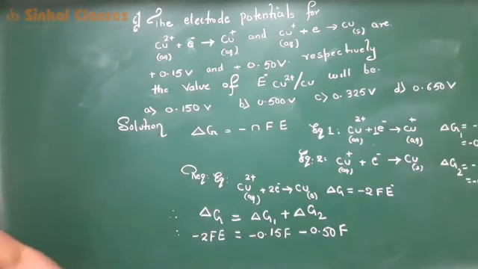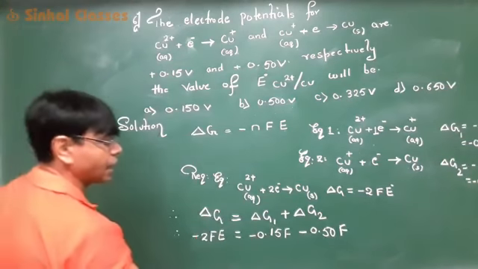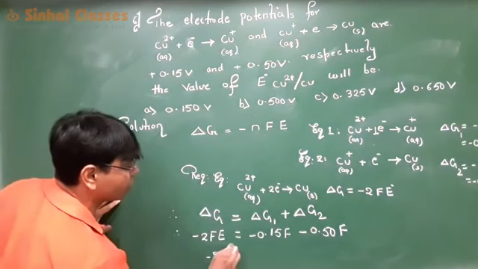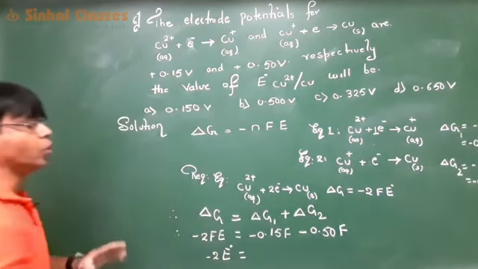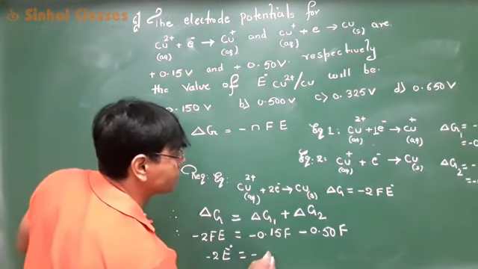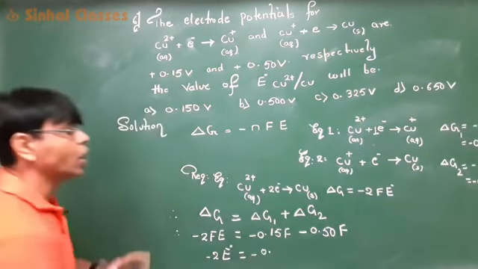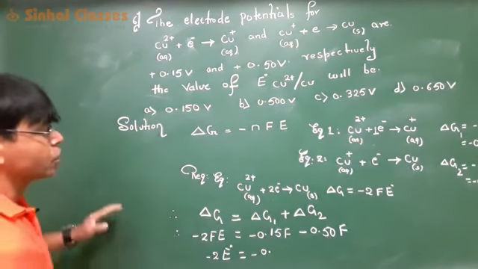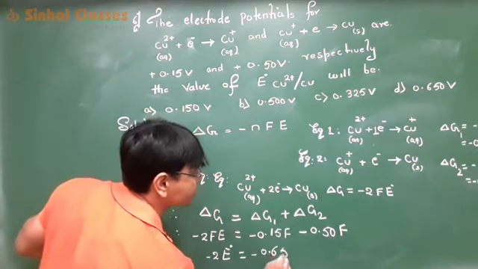Faraday gets cancelled, so minus 2 E naught will be equal to minus 0.15 and minus 0.5, which makes up minus 0.65.